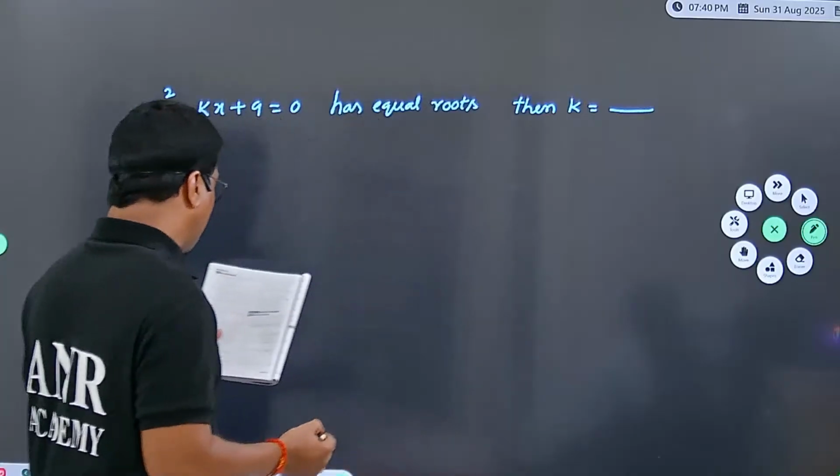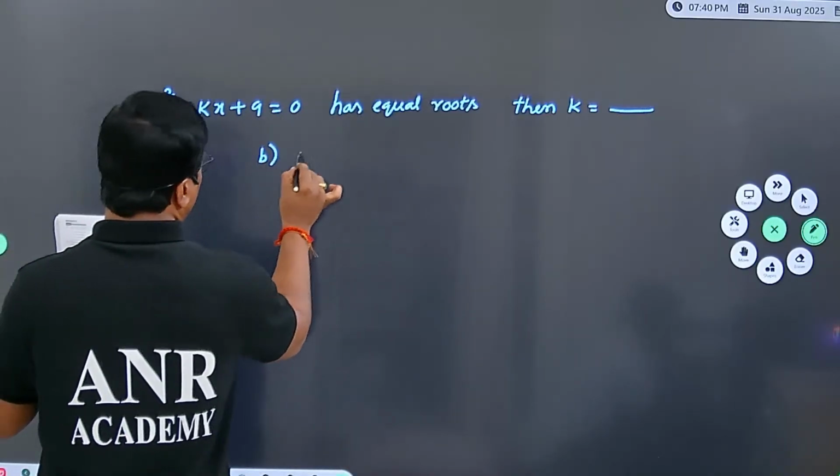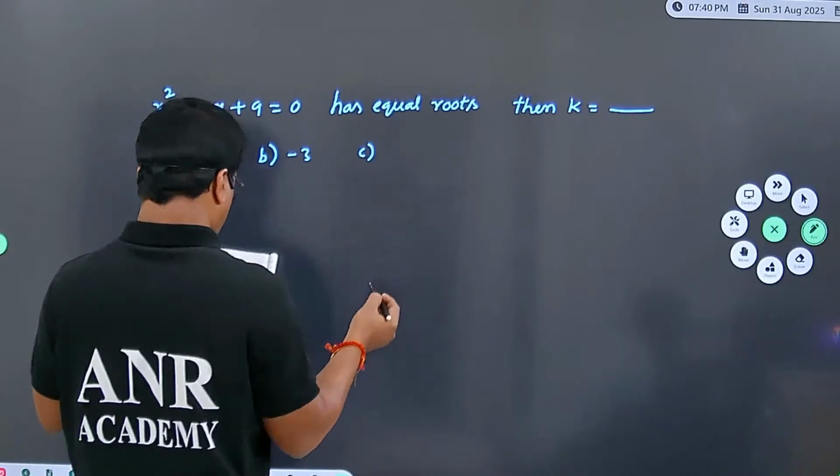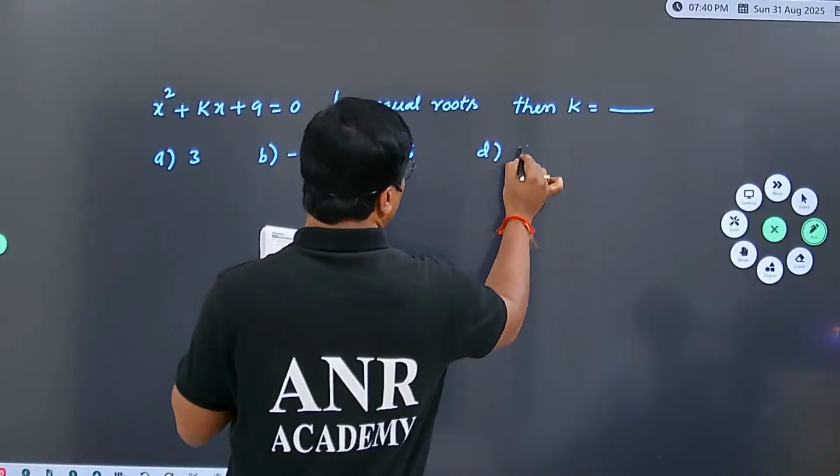Here the options are given. First option 3, second option minus 3, third option minus 6, fourth option given as 9.